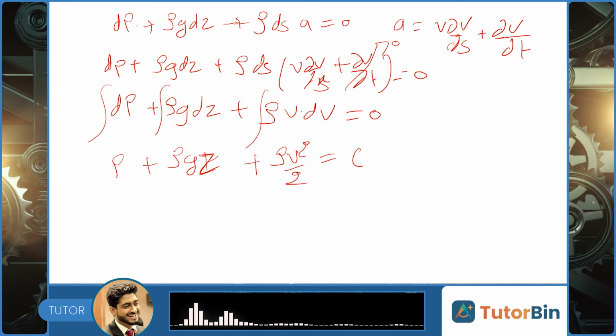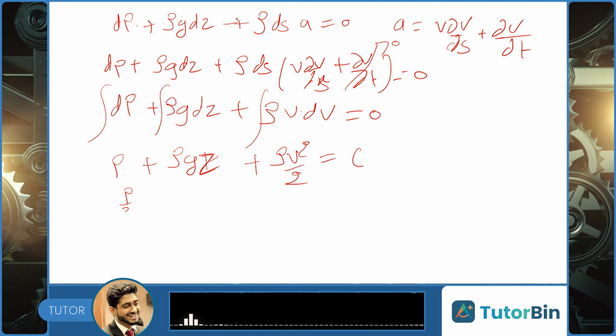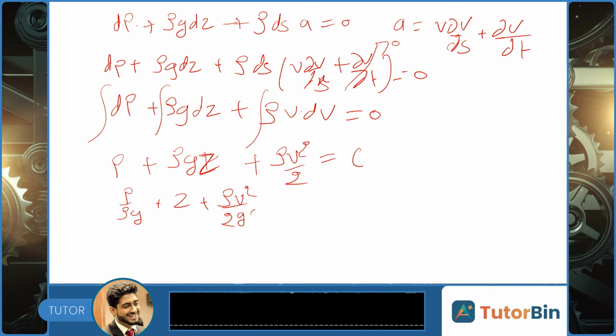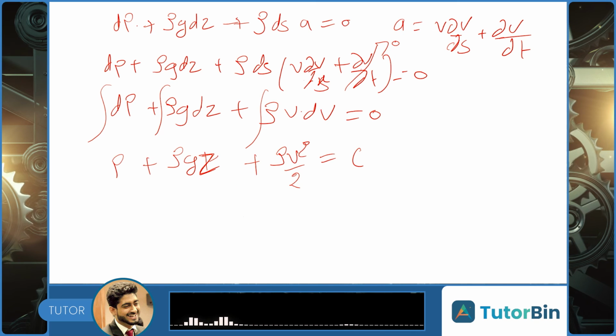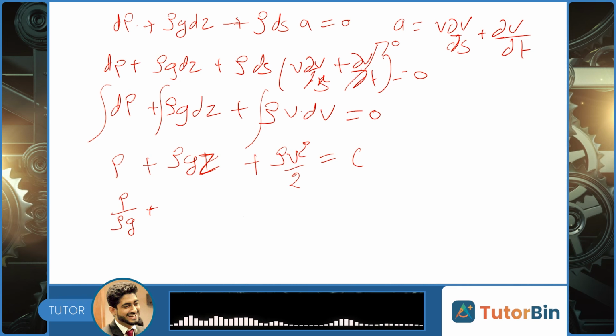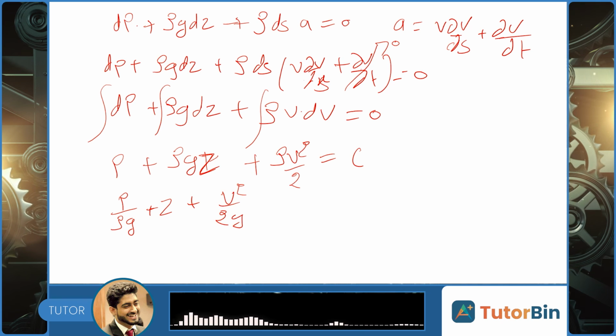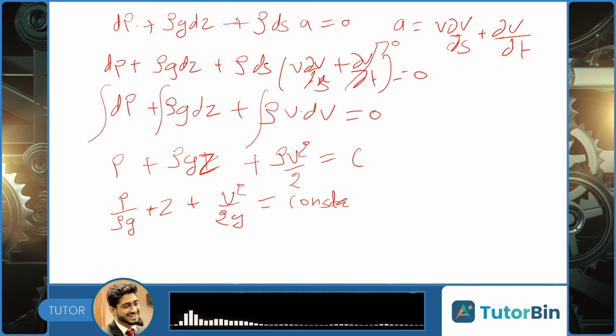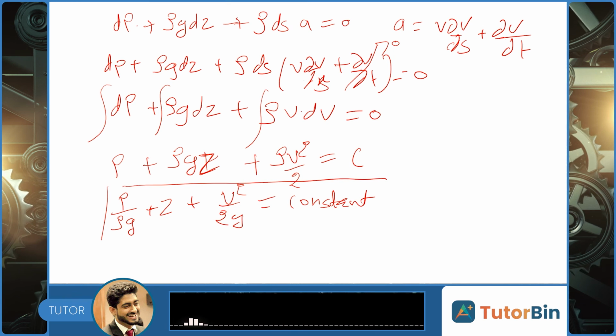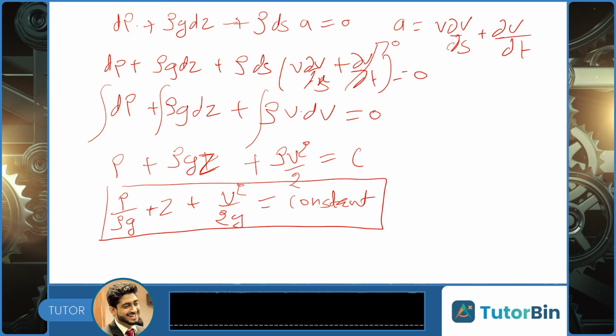If we divide the whole equation by rho g, it will turn into P by rho g plus z plus v square upon 2g equals a constant value, which is our Bernoulli's equation.